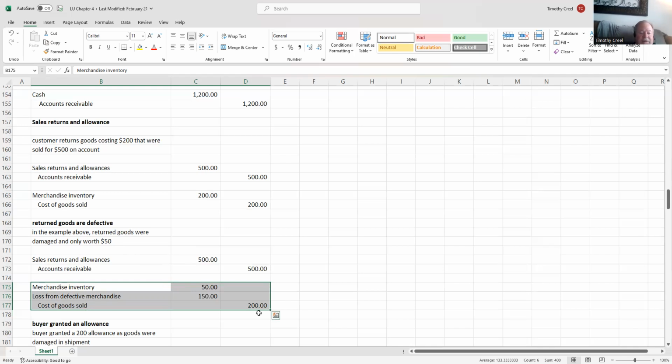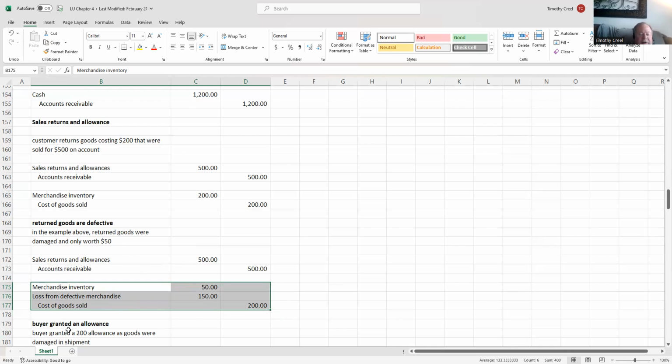We would credit cost of goods sold for the $200, and the difference would be a loss from defective merchandise. This is a case where it was damaged and we can't sell it for full price, so we're just going to put it out on the shelves and try to get what it's worth, in this case $50.